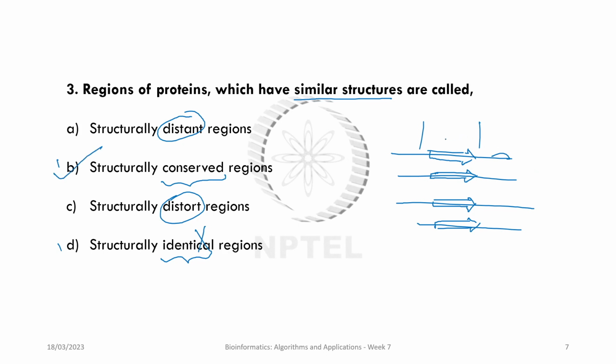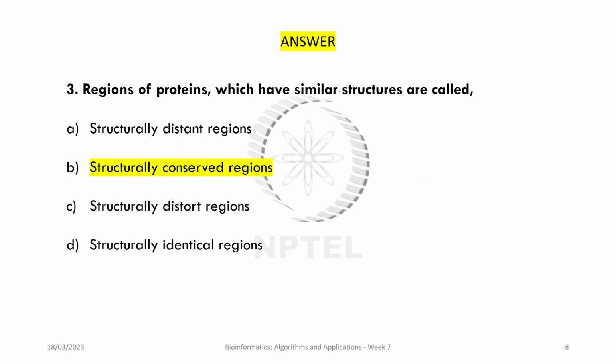You can call these regions conserved regions, where amongst different organisms at various levels you're seeing the same structure being conserved, but you cannot say they are identical. Some minor changes can always be there, but they can be similar. Similar does not necessarily mean identical, right? So option B is the right answer.